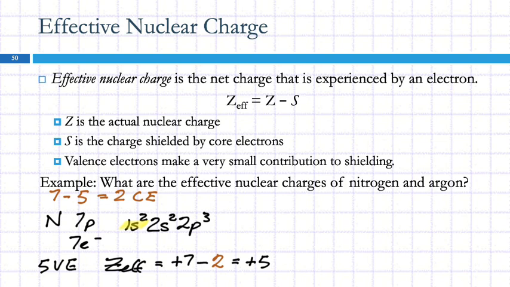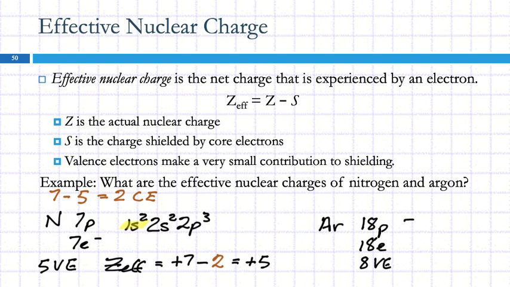So let's look at argon. How many electrons does argon have? 18. So it's got 18 protons, 18 electrons. How many valence electrons? Oh, 8. 8 valence electrons because it's in group 8.